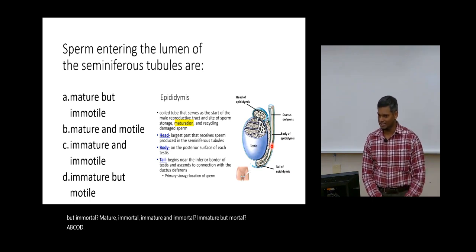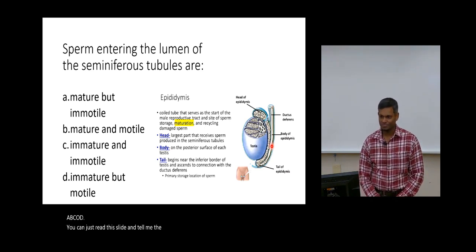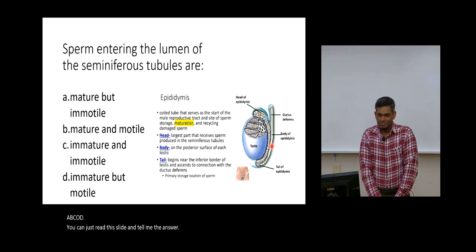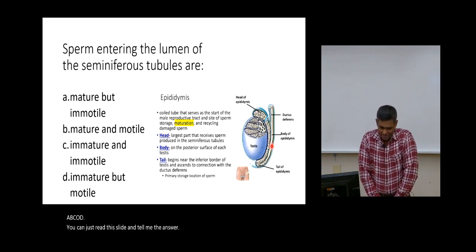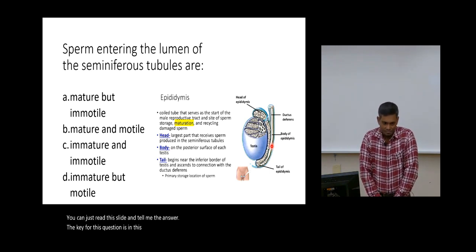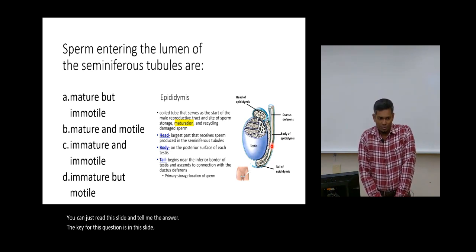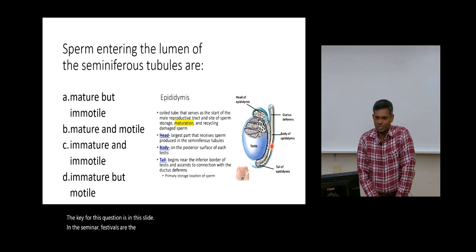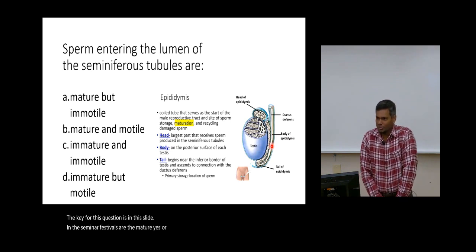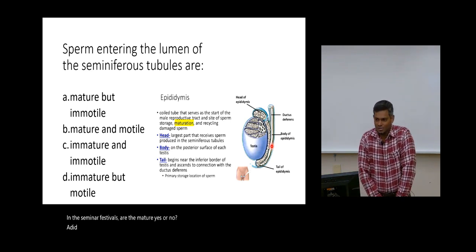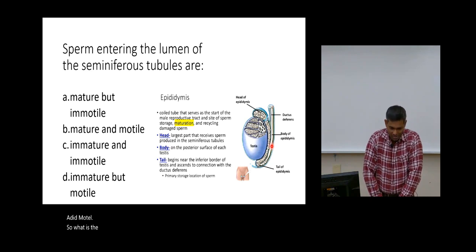You can just read this slide and tell me the answer. The key for this question is in this slide. When they leave the seminiferous tubules, are they mature? Yes or no? Are they motile? No. So what is the answer? C. So the answer is C.